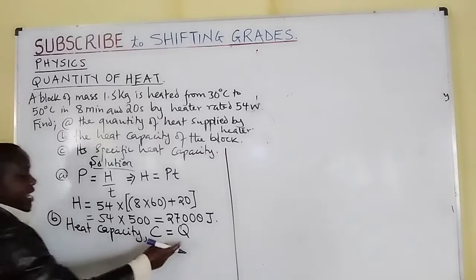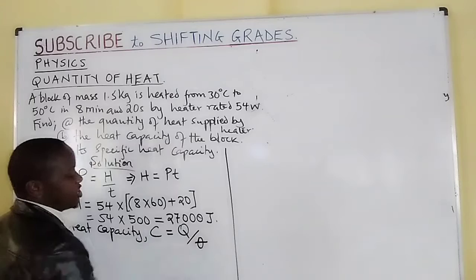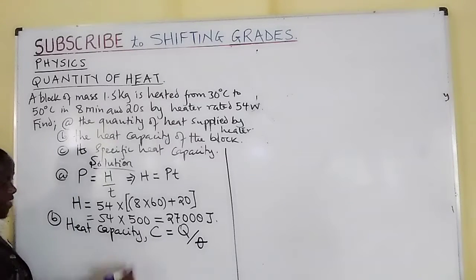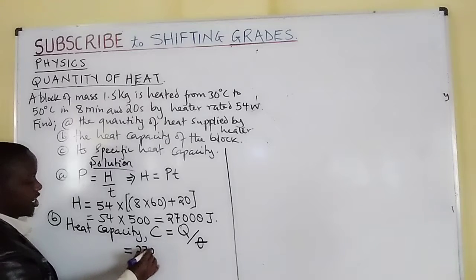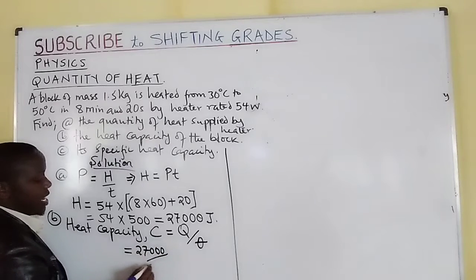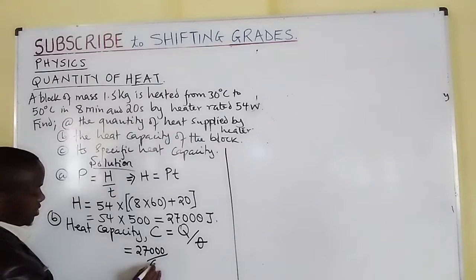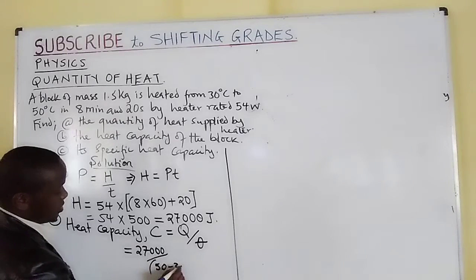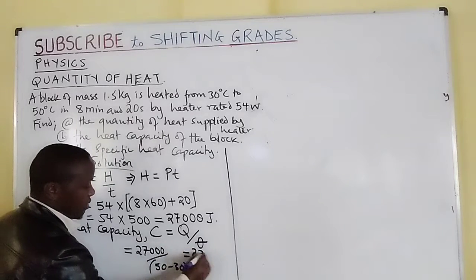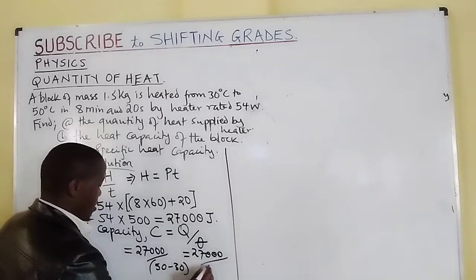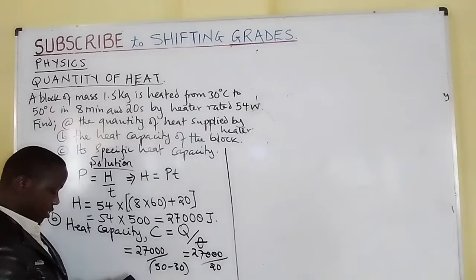Therefore, the energy supplied, 27,000 joules calculated in part A, divided by the change in temperature. Temperature is changing from 30 to 50, 50 to 30. And here we will get 27,000 divided by 20.